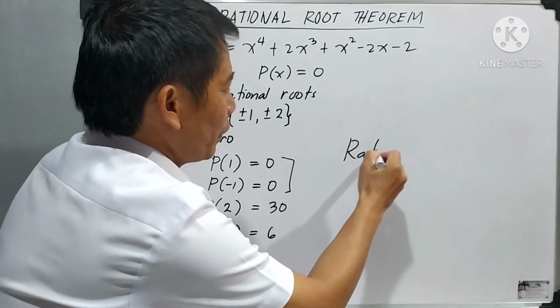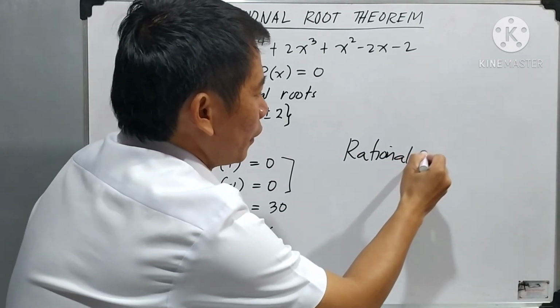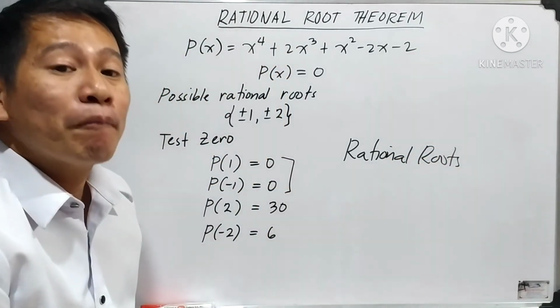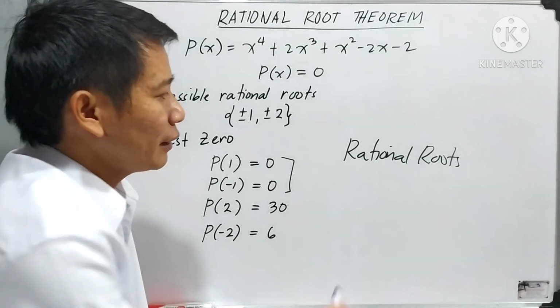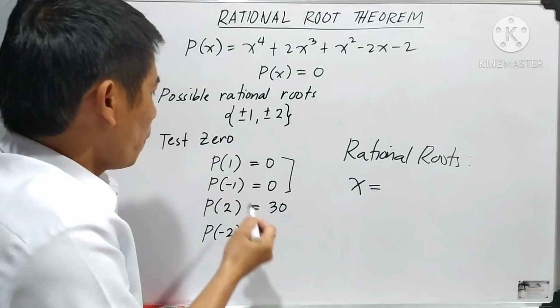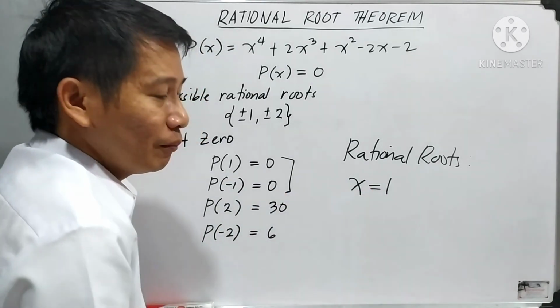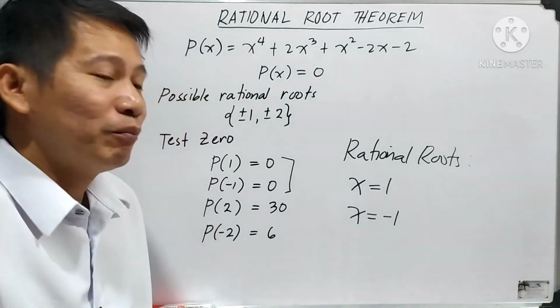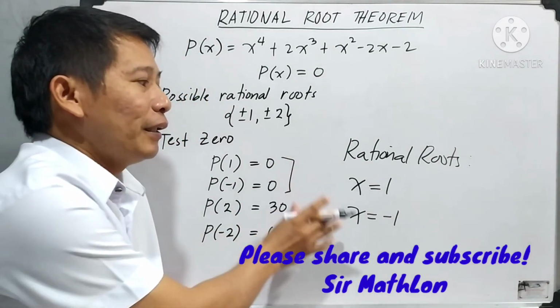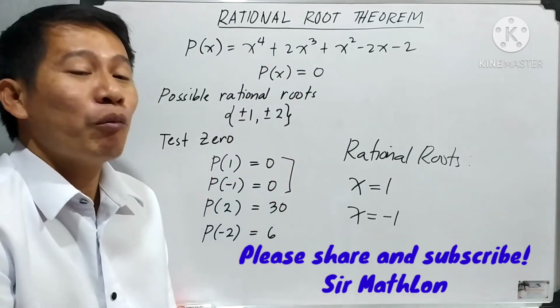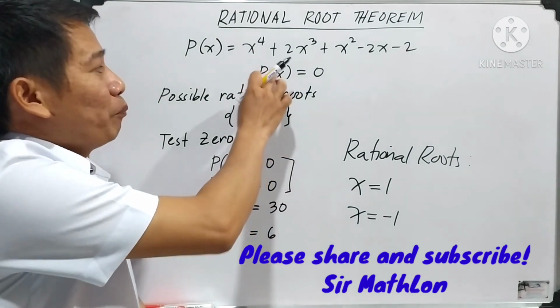So, they are the rational roots of our given polynomial. We can write them as x equals positive 1 and x equals negative 1. So, they are the real rational roots of this given polynomial p of x.